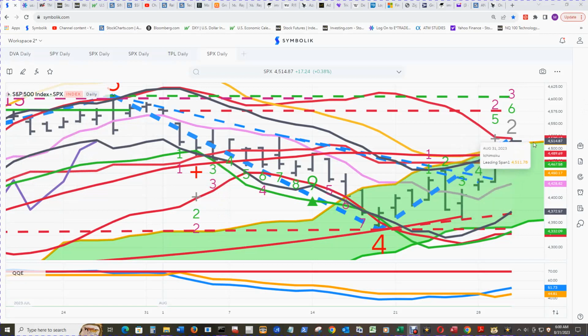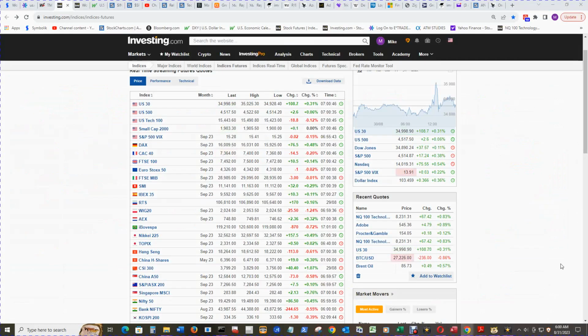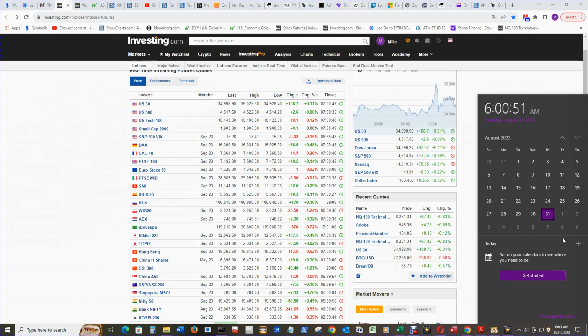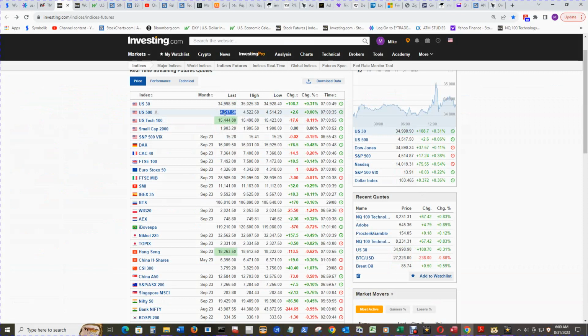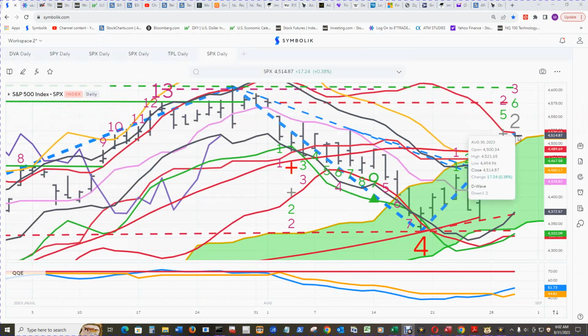If it can stay above the cloud, that would be a great thing for today. The top of the cloud is at 4511.78, and price in the pre-market hours for the S&P 500 at 6 a.m. Central Time on the 31st is 45.18.